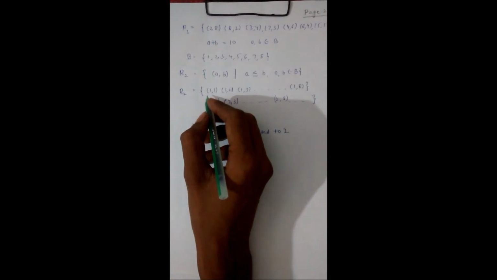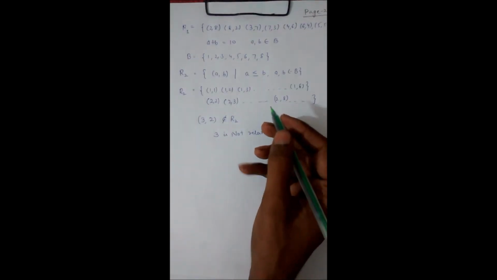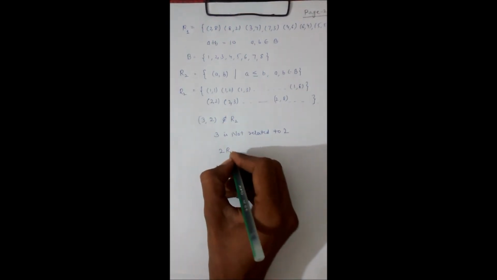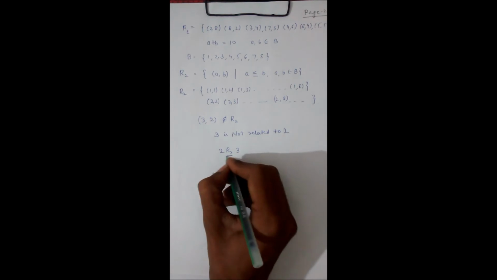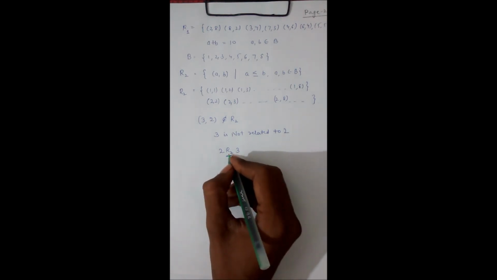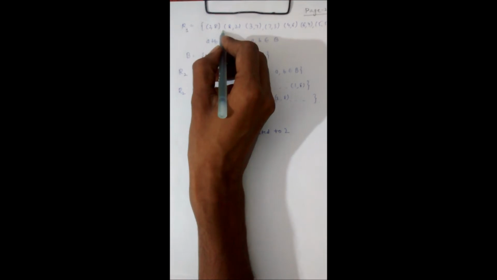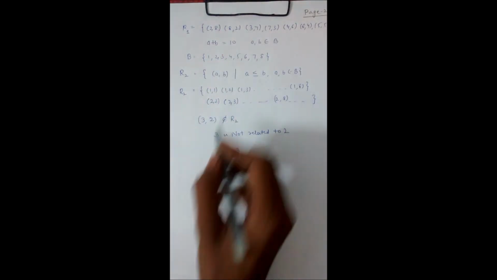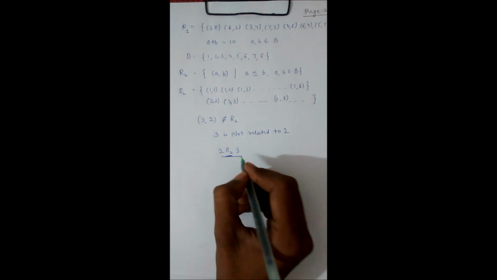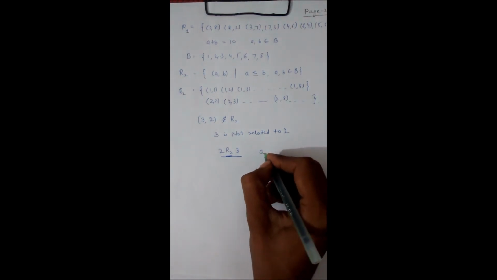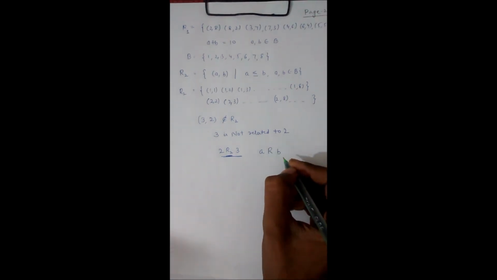But if I have (3, 2) in some other relation, then we'll call that 3 is related to 2. Like here, 2 is related to 3. This implies that my 2 is related to 3 with relation R2. Okay, from R1 we can see that 2 is related to 8, 8 is related to 2, and so on. So this is just a notation that 2 is related to 3, or how we can say that an element A is related to B, where both A and B belong to the relation.